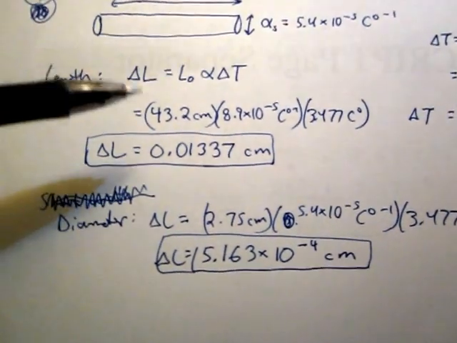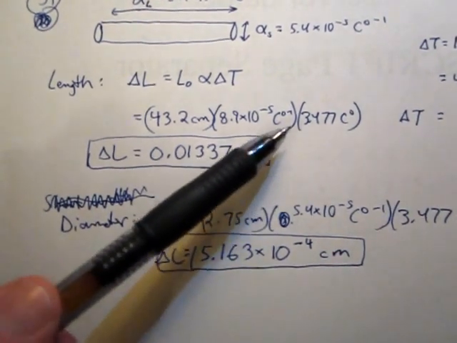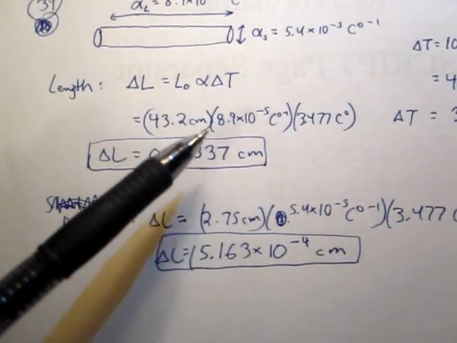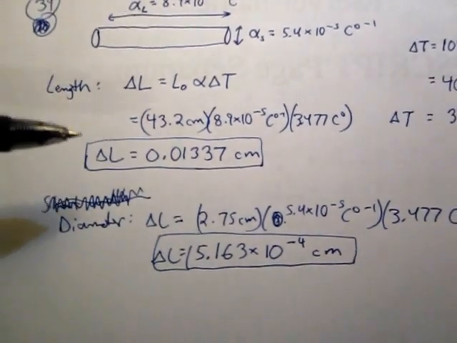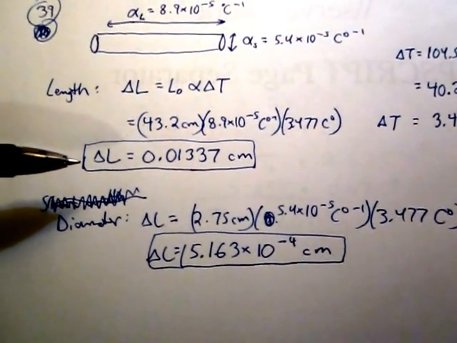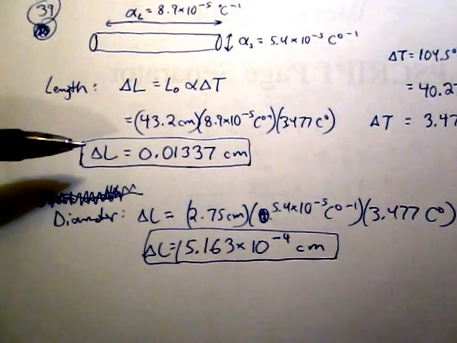Now, I'm okay keeping this in centimeters. The last two terms, the units are going to divide out, and so my answer is going to be given in centimeters. What I'm left with is change in L, change in length, of 0.01337 centimeters along the length of the bone.